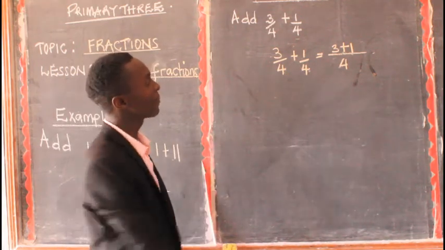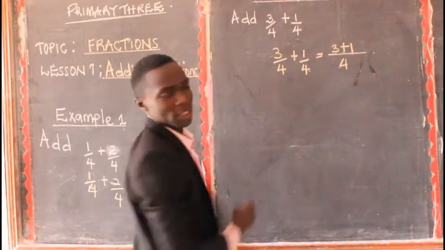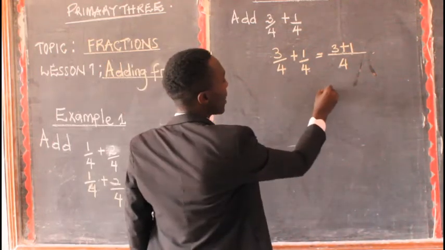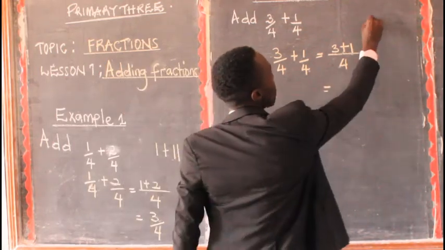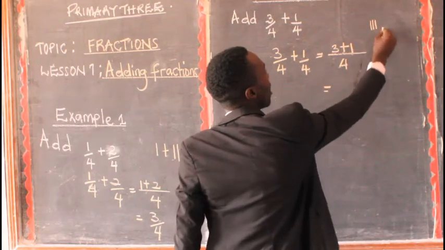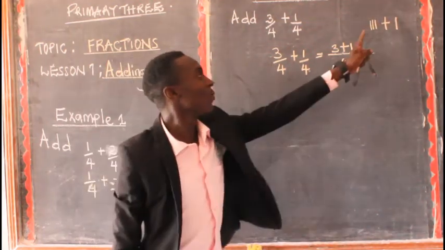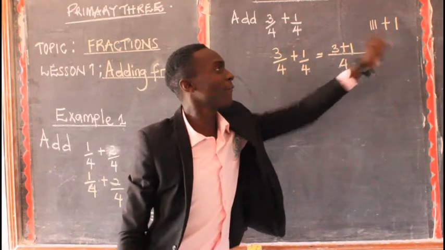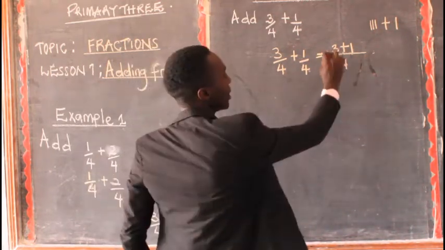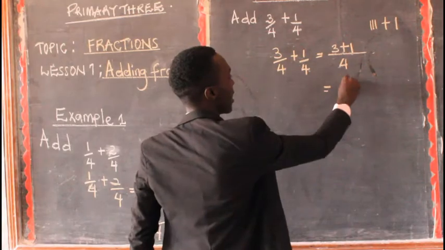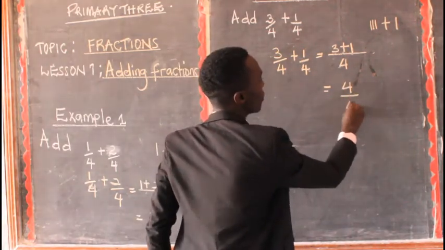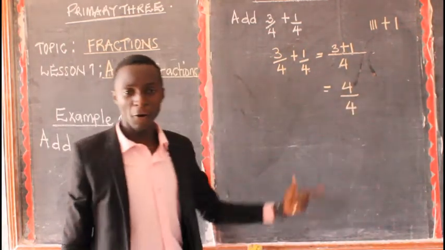So we say 3 plus 1, what do you get? Let's count: 1, 2, 3, plus 1. What do you get all together? 1, 2, 3, 4. So here you get the numerator as 4 out of the denominator as 4.